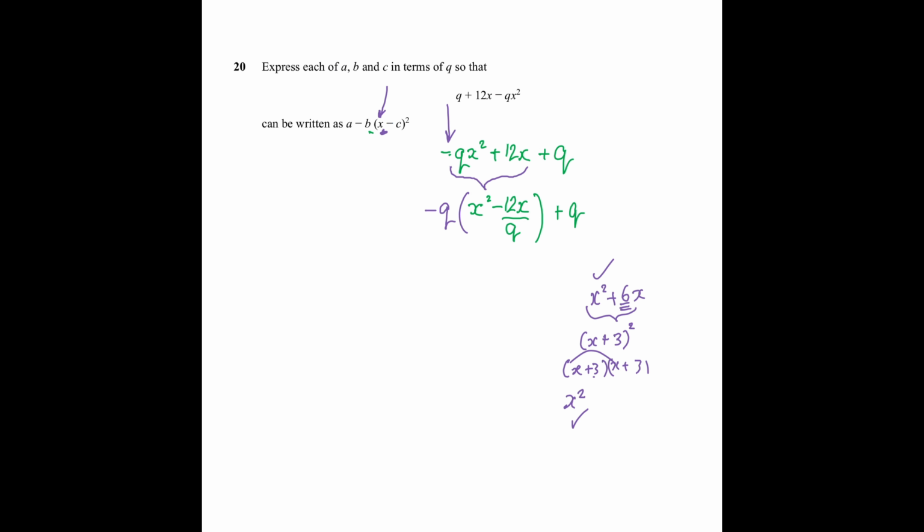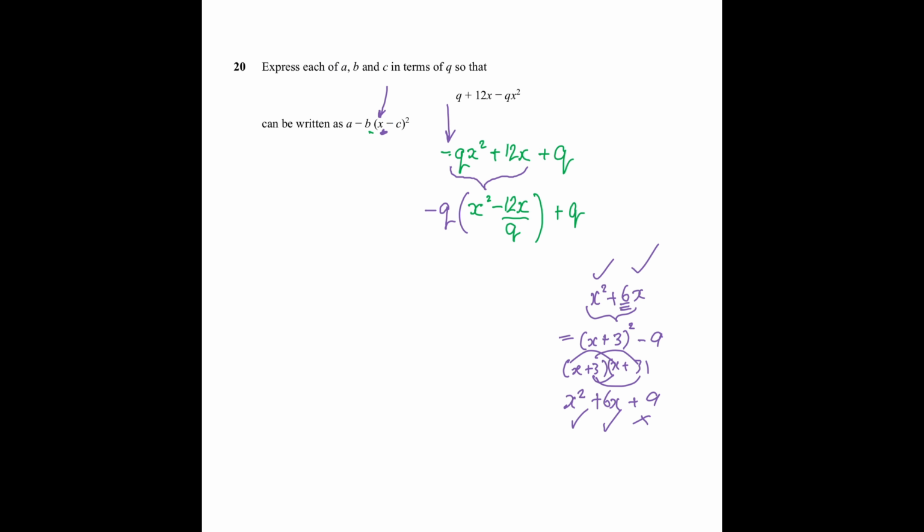You'd get your 3x and your 3x, which gives you 6x. Good, I wanted that also. But then you get this extra 9 at the end that you did not want. So we have to make these things equal, which means you would have to take away 9 from the second one if you wanted to write it this way.